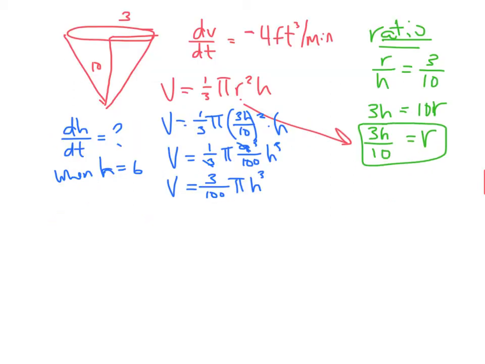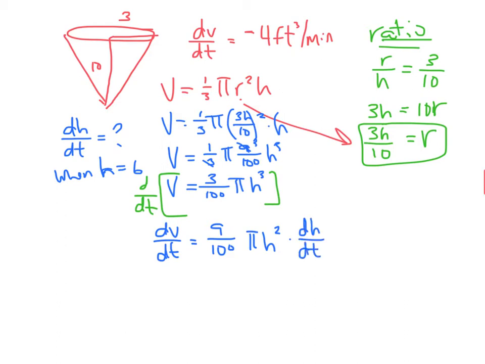Now I'm ready to take the derivative of that with respect to time. So dV dt is equal to, multiplying 3 over 100 times the exponent of 3, 9 over 100 pi h squared times dh dt.